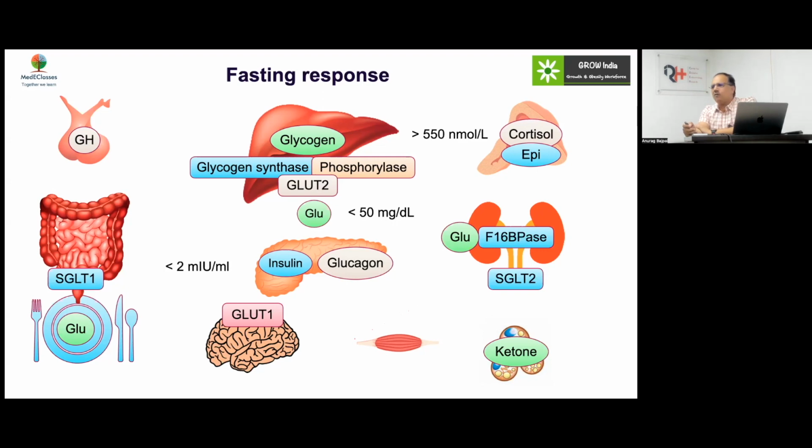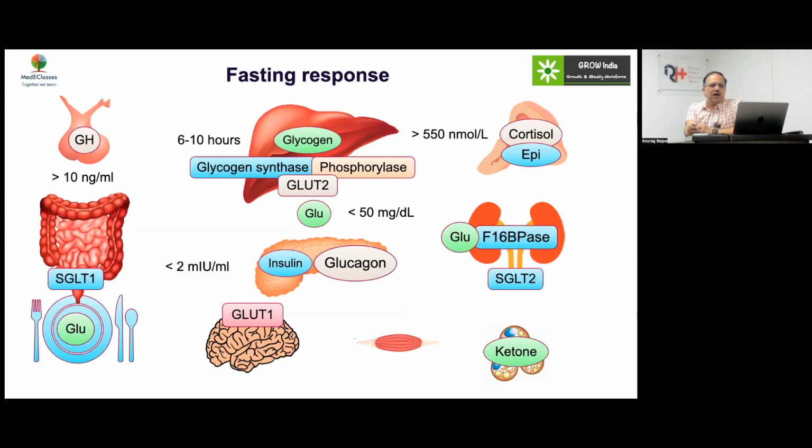You should have a very robust response in terms of cortisol and growth hormone. So cortisol should be above 550 and growth hormone should be above 10 nanogram per ml. You should have a high glucagon level. So giving additional glucagon should not be working unless you have hyperinsulinism as a scenario.